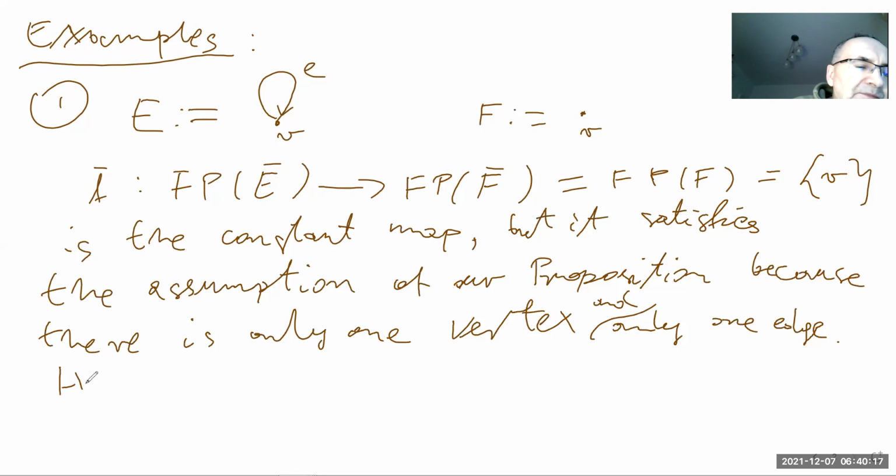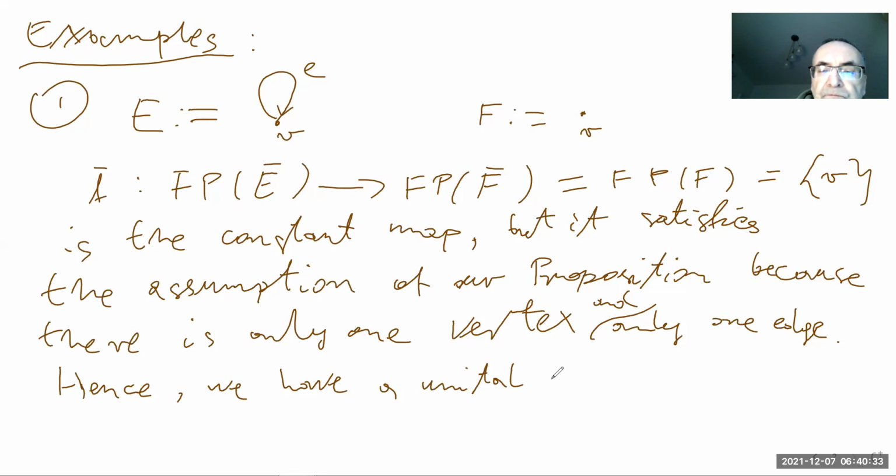So hence, because the proposition works, we have a unital algebra homomorphism, which we denoted by F star C. Let me write it on another page.